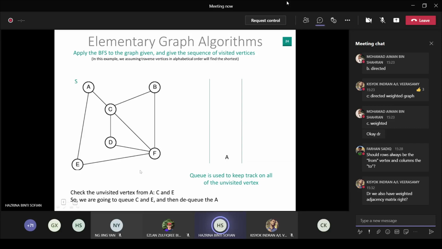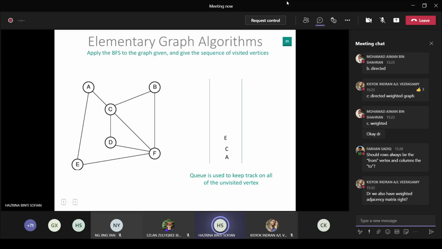Now we know that it is C and E. So instead of just choosing C, we are going to enqueue C and E and dequeue the A. So we enqueue C, we enqueue E, and we dequeue the A. Okay, when we dequeue, because this one is a queue, it does not pop, it will dequeue.